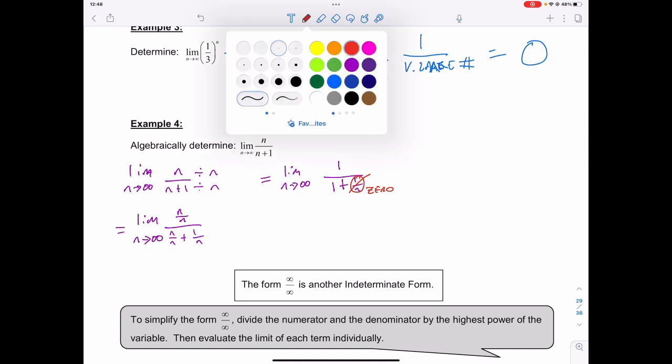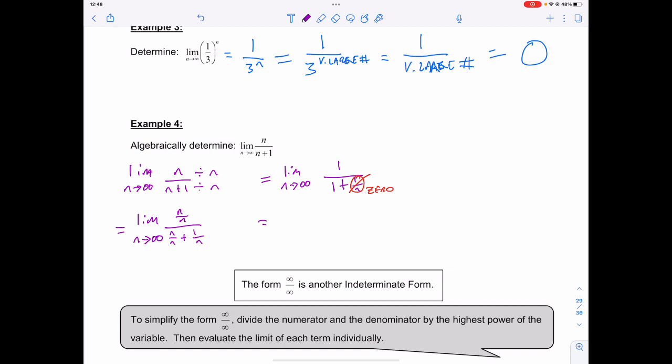Which means that this is the limit as n approaches infinity of 1 over 1 plus 0, which is just the same as 1 over 1 or 1.